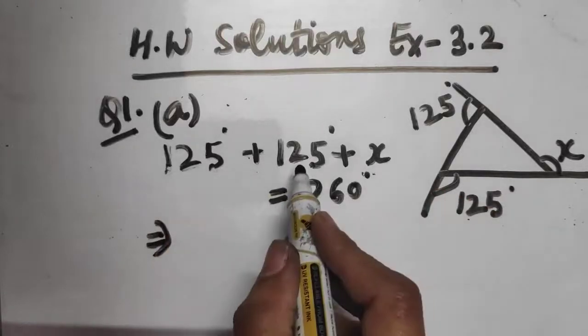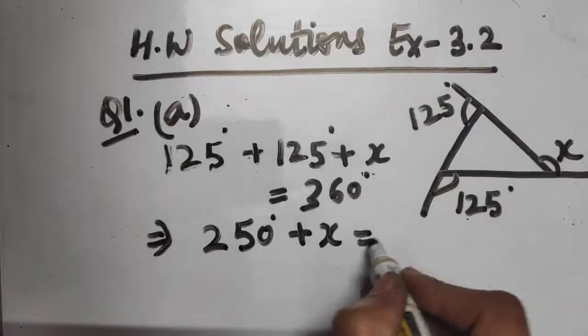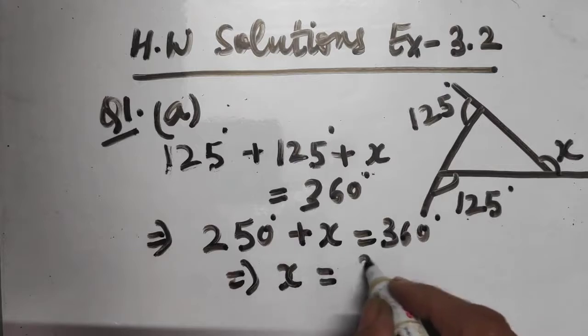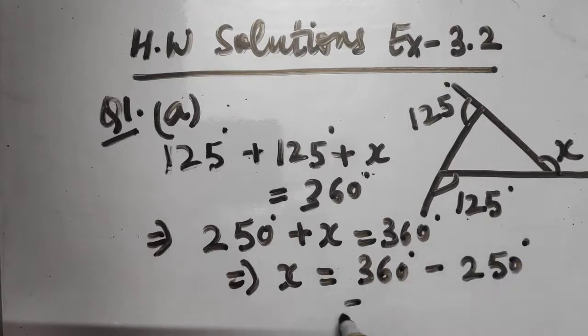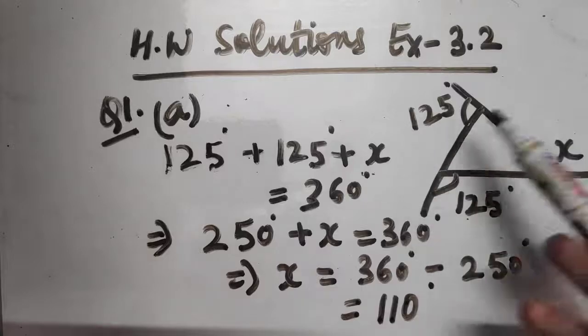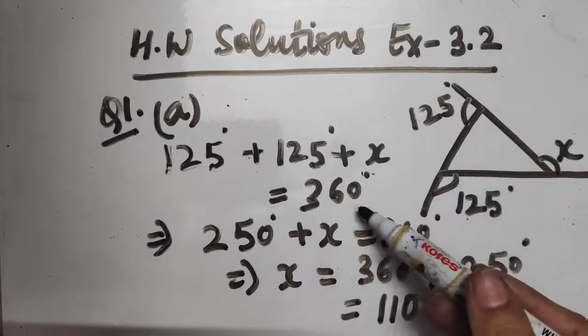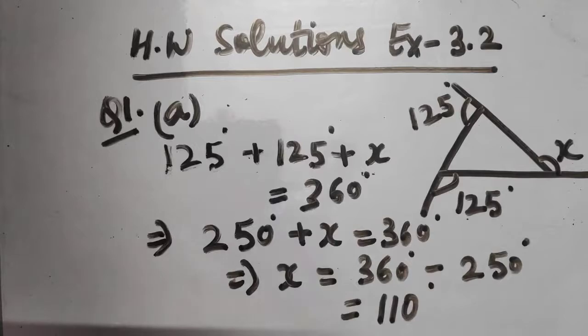So 125 plus 125 is 250 degrees plus X is equal to 360 degrees. So X will be equal to 360 degrees minus 250 degrees, that is equal to 110 degrees. So the measurement of this angle X is 110 degrees. Here which property we have used? Exterior angle property. We know that the sum of the exterior angles equals 360 degrees. So we have used this property in this question number 1a part.